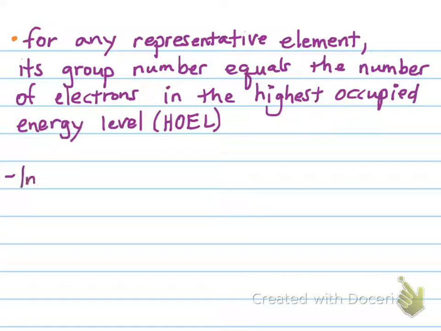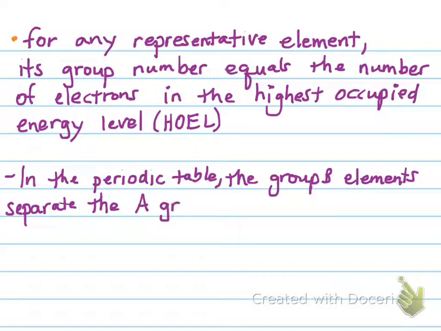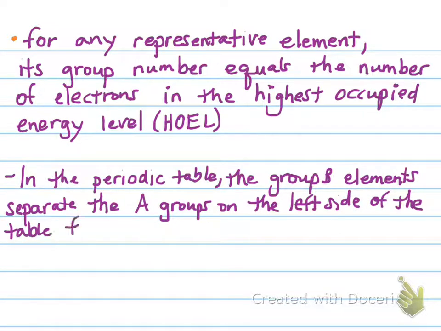Okay, so in the periodic table, the group B elements separate the A groups on the left side of the table from the A groups on the right side.